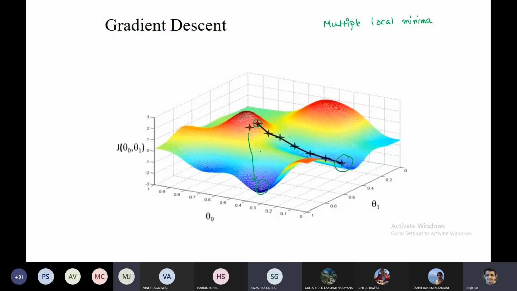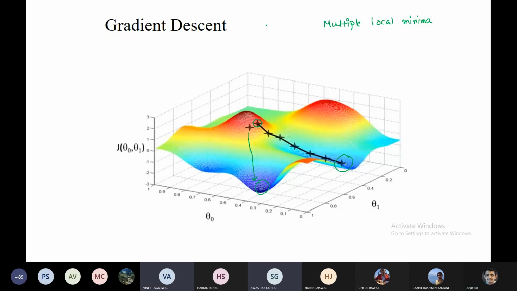So here by local minima you mean the one which is closest to zero? Like J of theta 0, theta 1 can go even lower than zero?